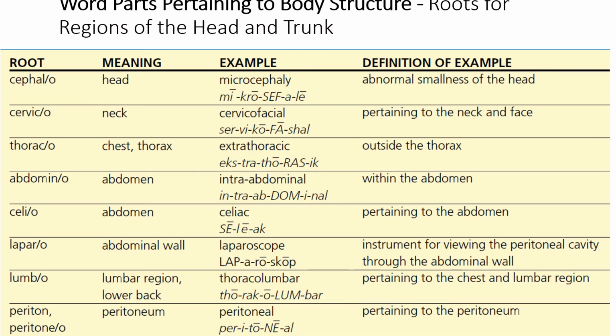Okay, next is words pertaining to the body structures. So roots for the regions of the head and trunk. We have cephal or cephalo, which means head. Cervico means neck or the cervical spine. So cervicofacial means pertaining to the neck and face.